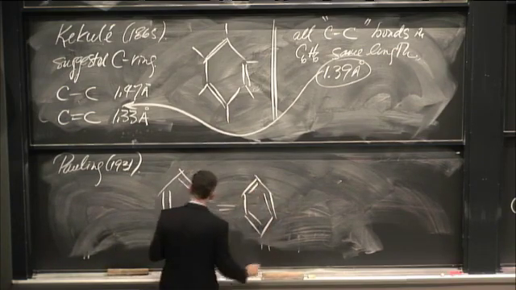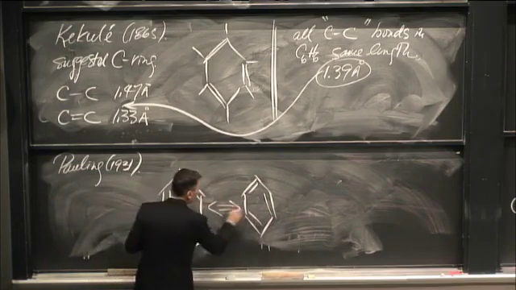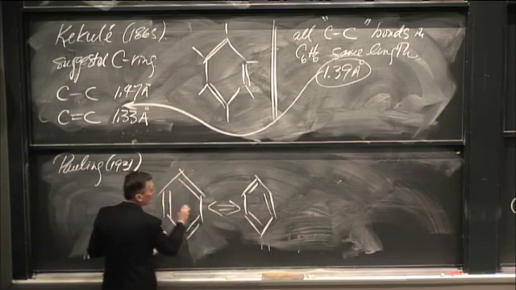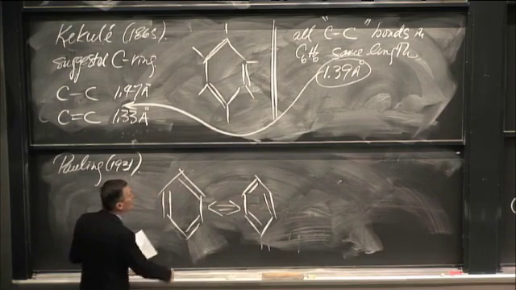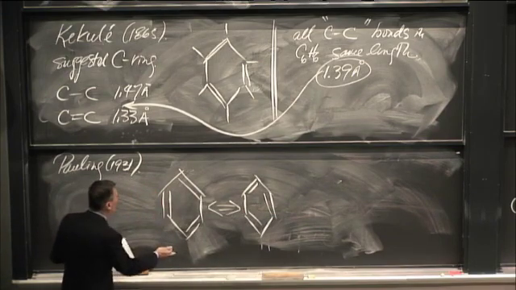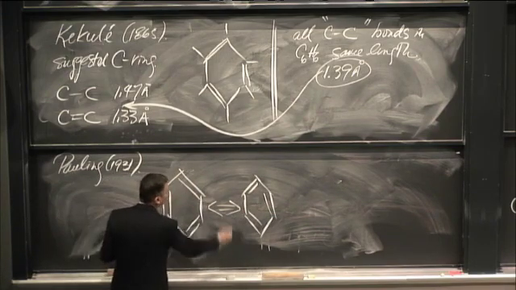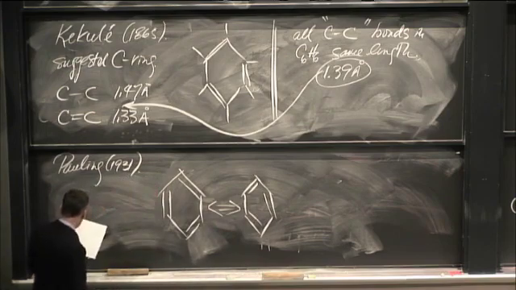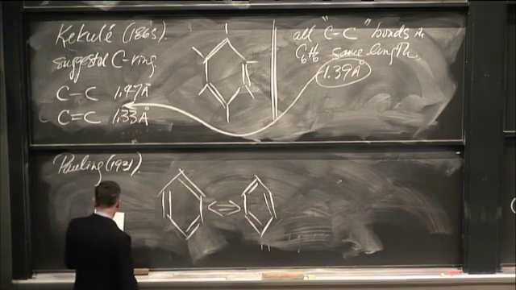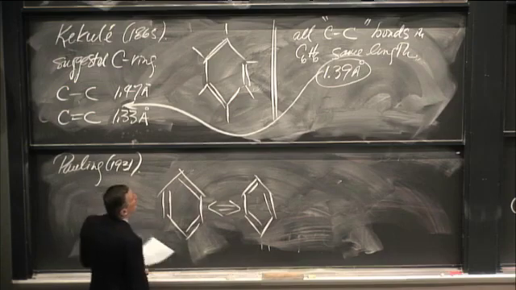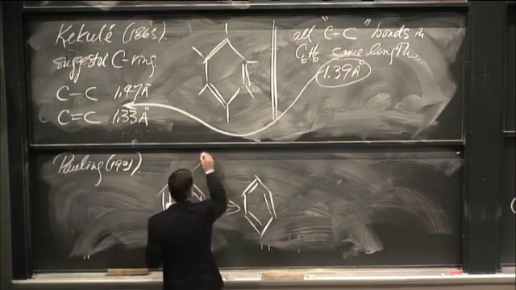So now we have this. He said if the system resonated between the structure on the left and the structure on the right, the time average value of the carbon-carbon bond length would be around 1.39 angstroms.